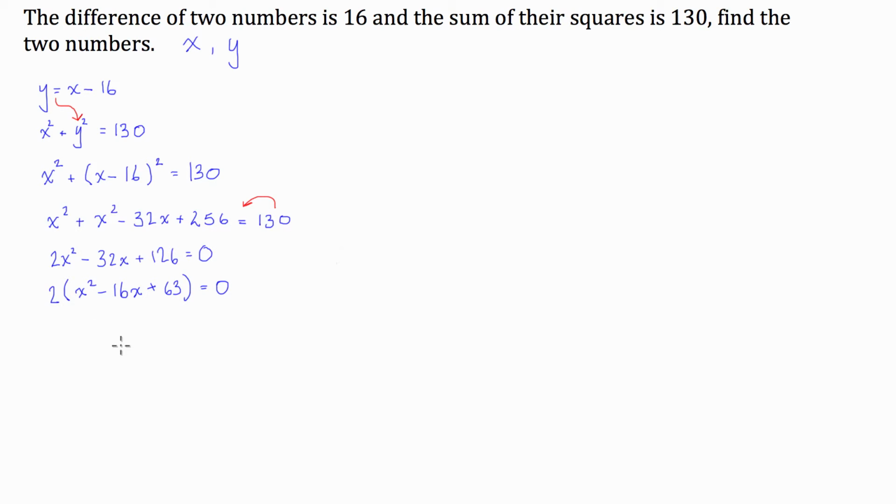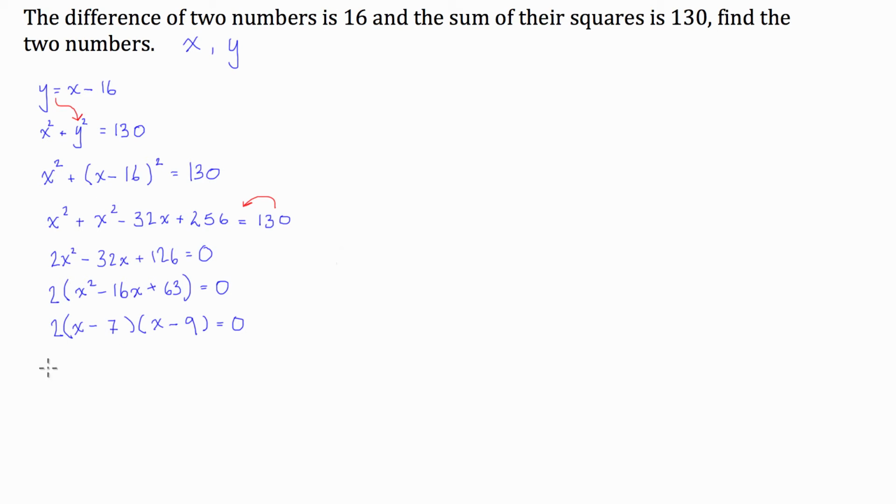Cool. Now what we're looking for is to try and factorize this middle piece. We're looking for two numbers that multiply together to give positive 63 and add together to give negative 16. So we know that there are going to be two minuses, and the two minuses are going to be 7 and 9. Cool.